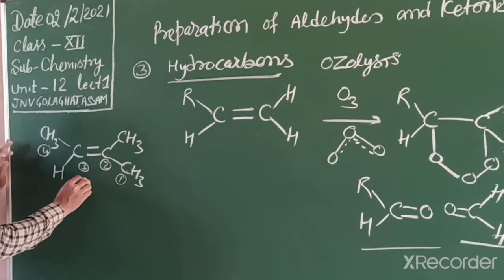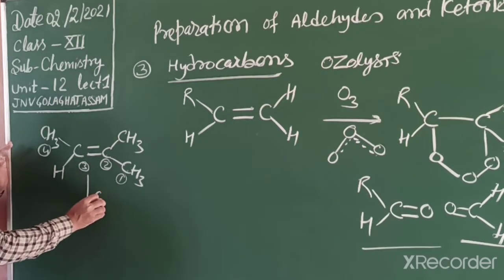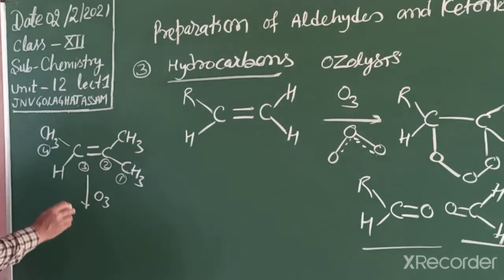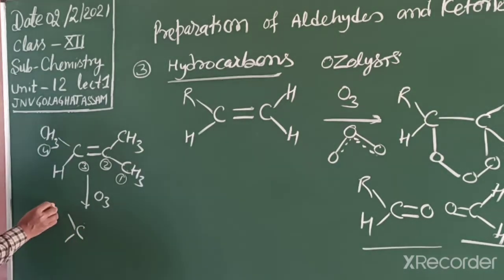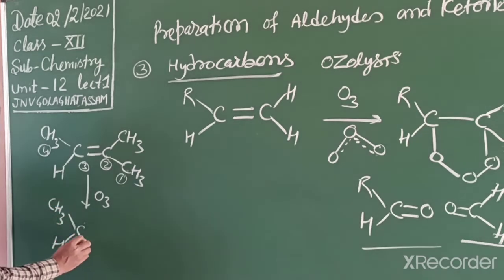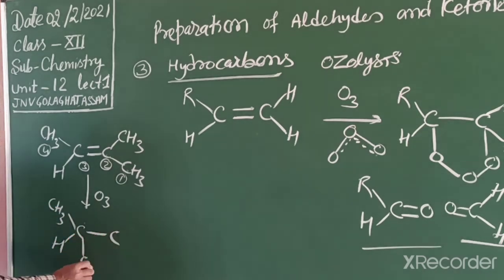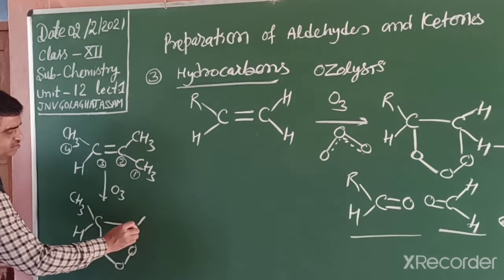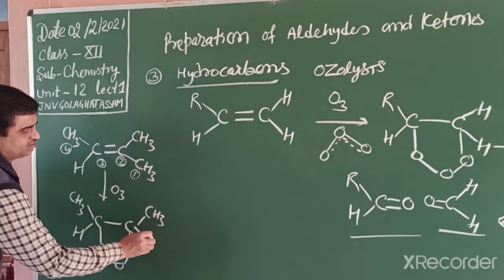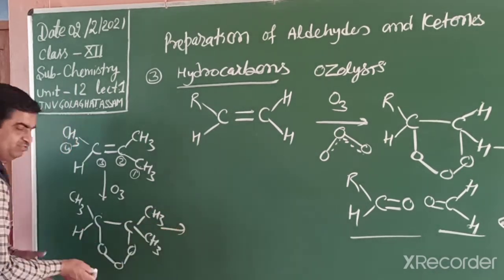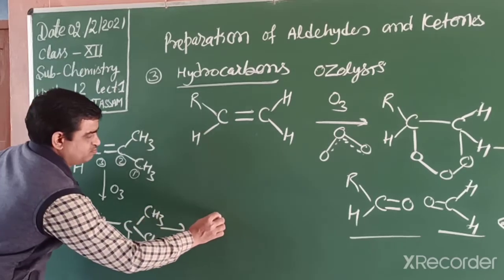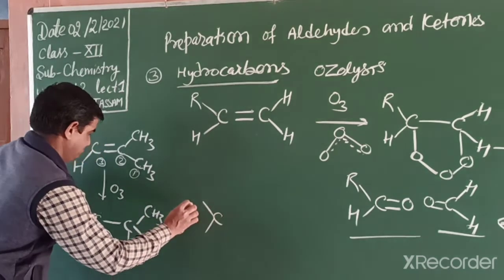When it is ozonized, when it reacts with ozone, first we will get ozonoid. We can write the structure like this. That is a temporary product. After some time it rearranges and we get monoozonoid.